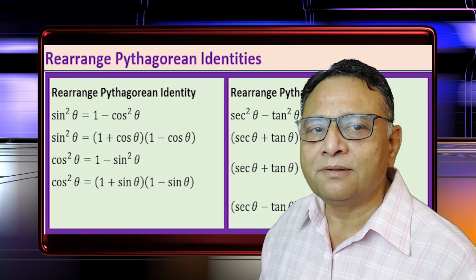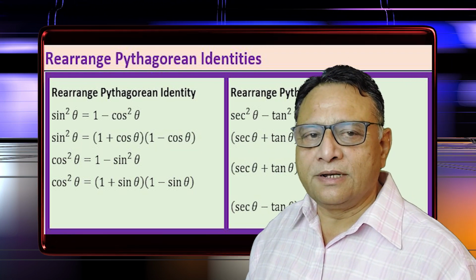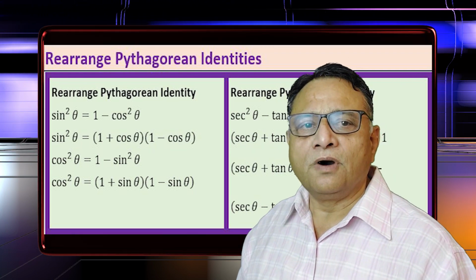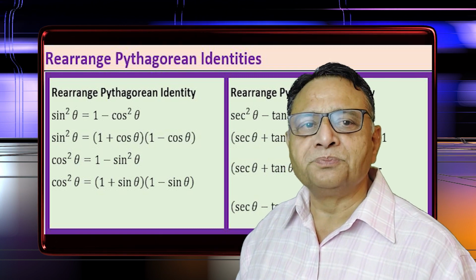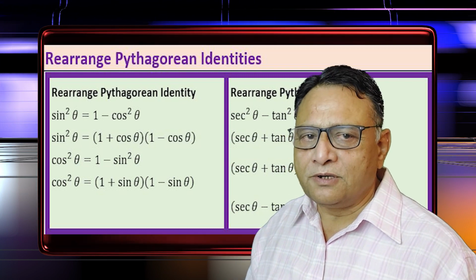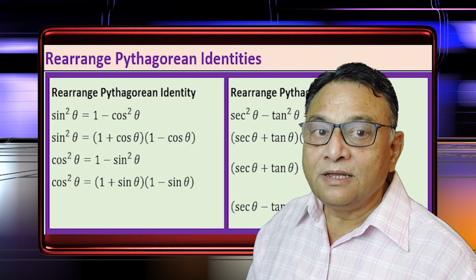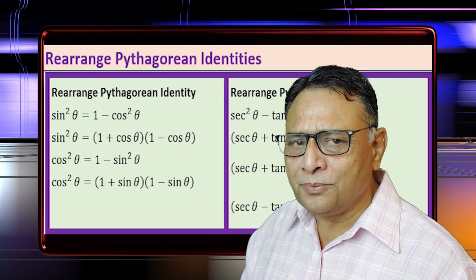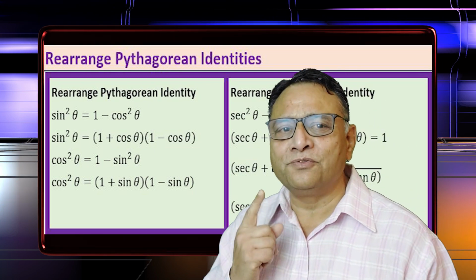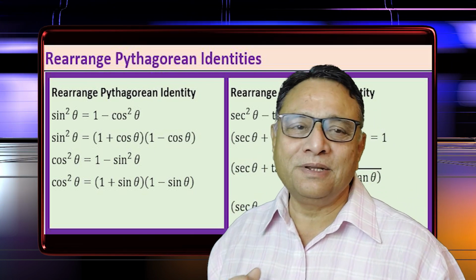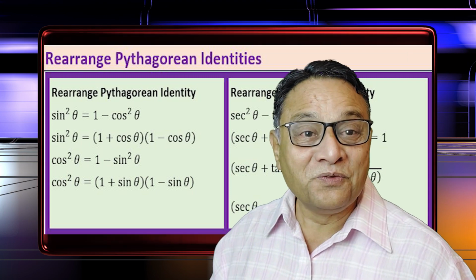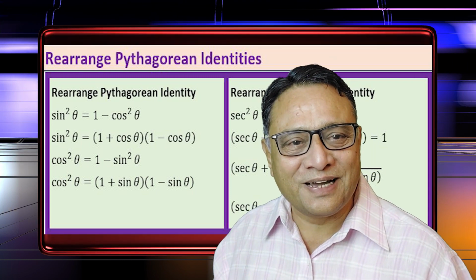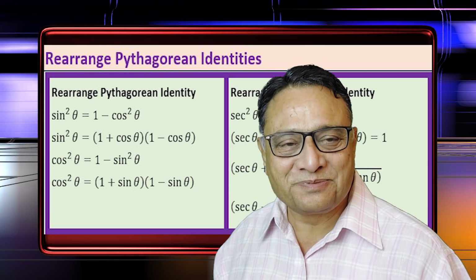You can do the same thing with the other two Pythagorean identities, which are 1 plus tan square theta equals secant square theta, and 1 plus cotangent square theta is cosecant square theta. You get the idea. So now, there are so many different ways of writing 1 itself. 1 could be written as secant square theta minus tan square theta, correct?